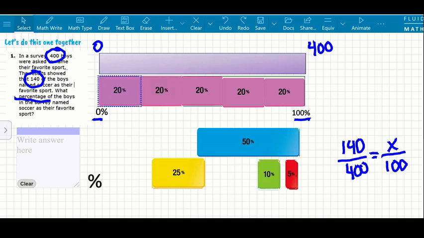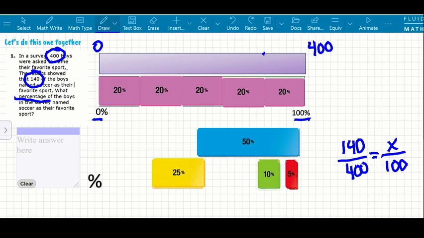So it took 5 sets of 20% to make up my 100%. I need to divide the 400 into 5 sets as well. So when I divide 5 into 400, each one of those sets is now valued at 80.